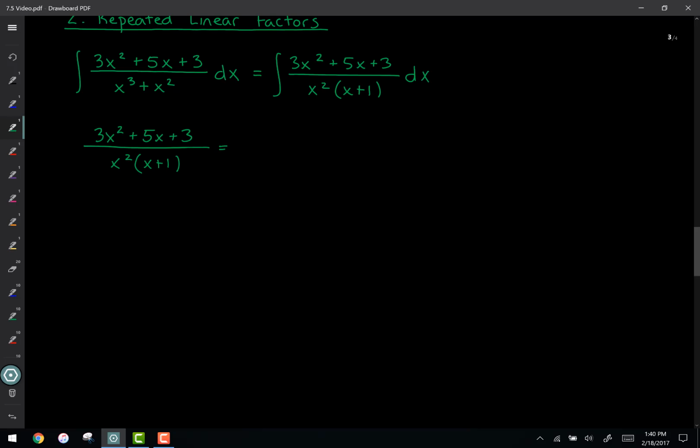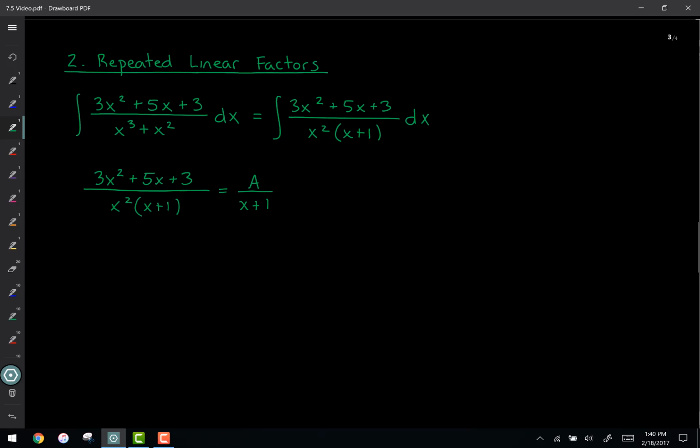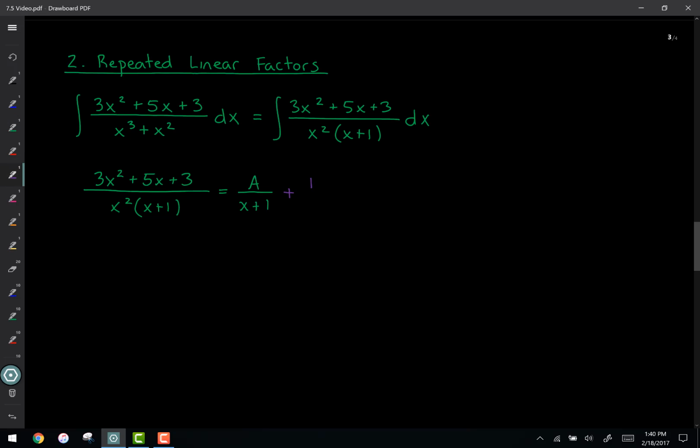For our distinct linear factor, the x plus 1, you still do what we did in the previous example. So we're going to have a over x plus 1. And now for the repeated linear factor, every factor of that repeated linear factor gets a fraction that looks like this. So we're going to have plus b over x, and then plus c over x squared.